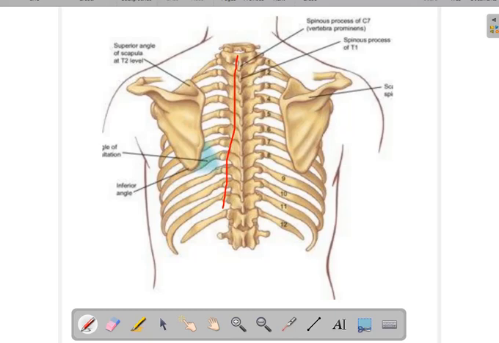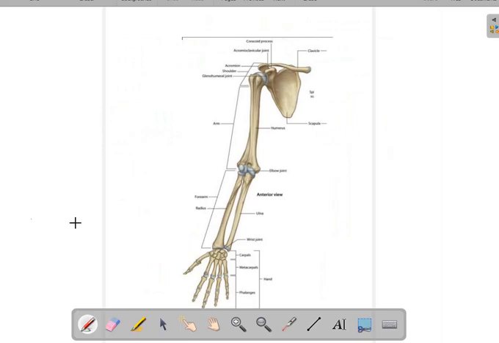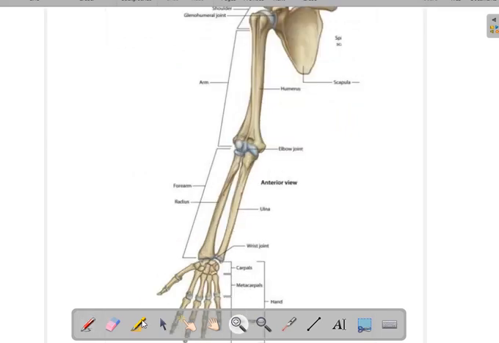What about the appendicular skeleton? The appendicular skeleton is formed from bones of the upper limb and the bones of the lower limb.